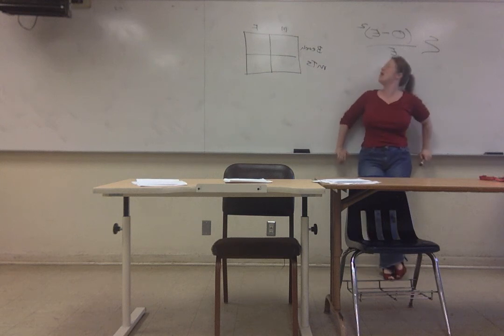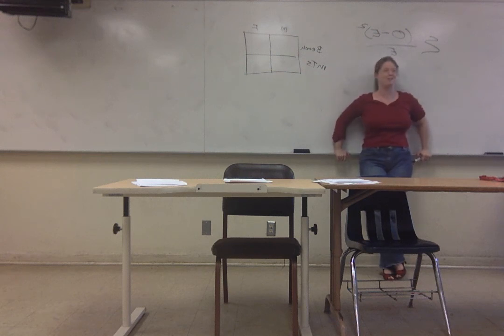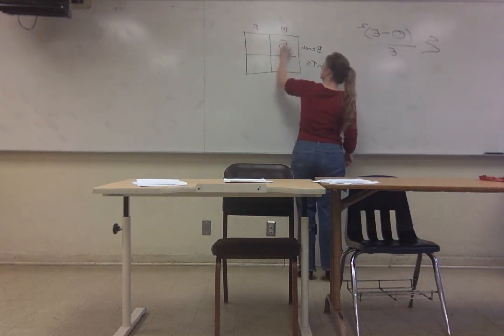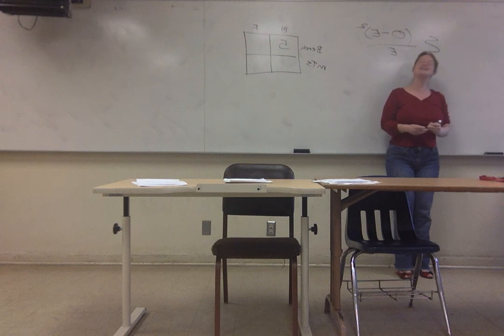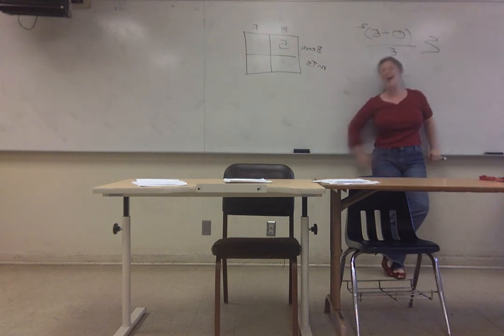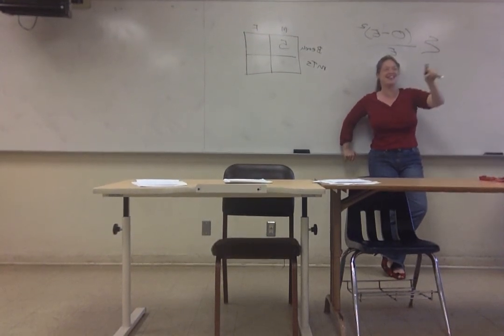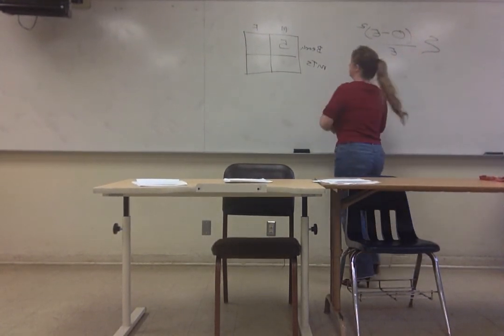So if you would like to be considered a male today and you would like to go to the beach, raise your hand. 1, 2, 3, 4, 5. Okay. If you would like to be considered a female today and would like to go to the beach, raise your hand. 1, 2, 3, 4, 5, 6, 7, 8, 9, 10, 11, 12, 13.